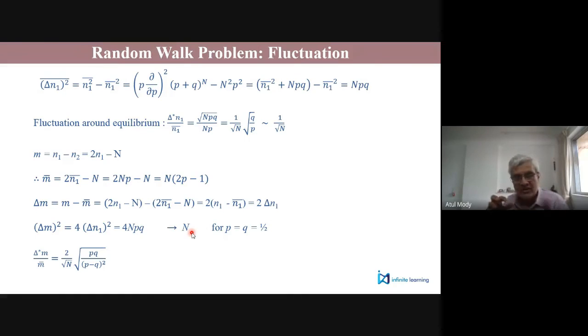And similarly, you can see that this fluctuation will also be going as 1 upon root n. Of course, please do not substitute p and q equal to half in this case, then you will have a problem in the denominator. But the point is the fluctuations with respect to net advancement, or even in the number of steps in forward or backward direction, all go as 1 over square root of n.